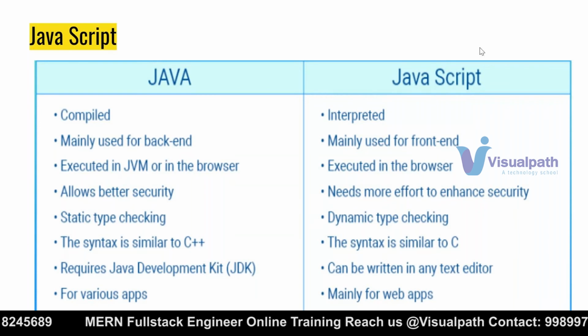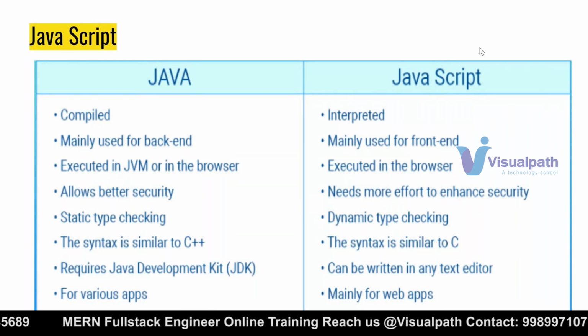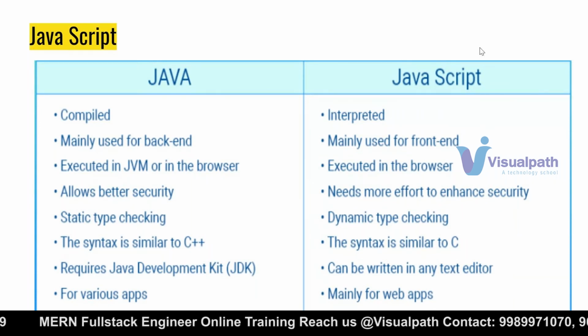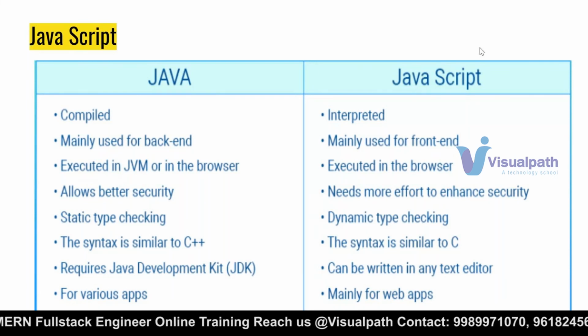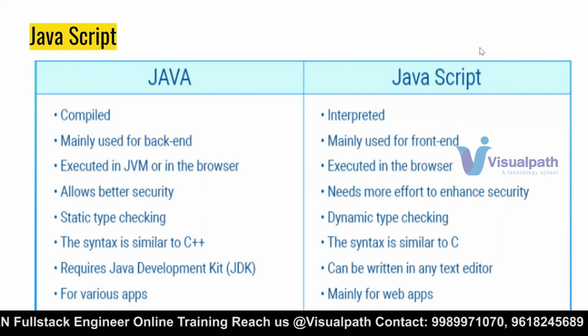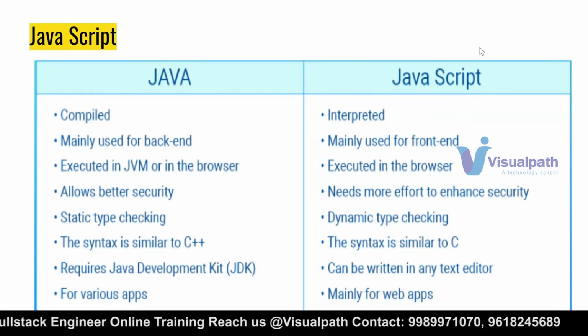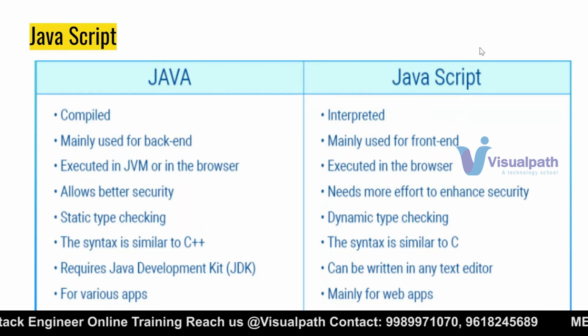It is an interpreted language, wherein there will not be any compiler where before running the program you need to compile and see the errors. It is not like that. JavaScript is very fast. It doesn't need to compile.